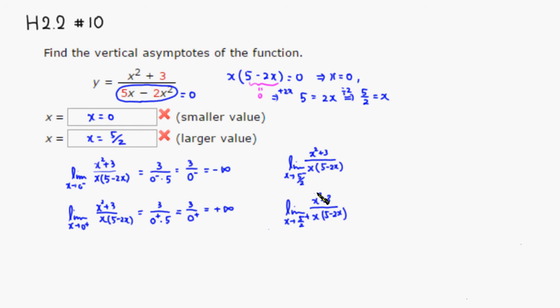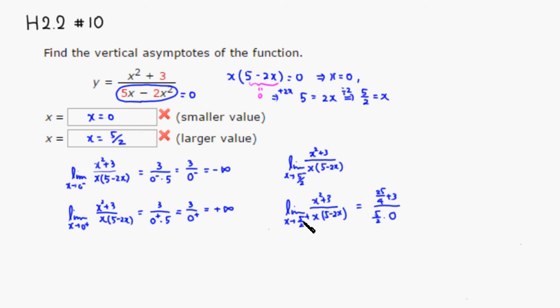So x is going to 5 halves. 5 halves squared is 25 over 4, so I'll write 25 over 4 plus 3, and then you have 5 halves times the factor that becomes 0 when you plug in 5 halves.